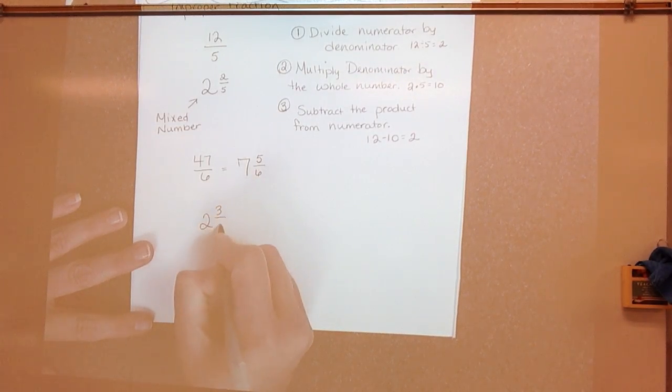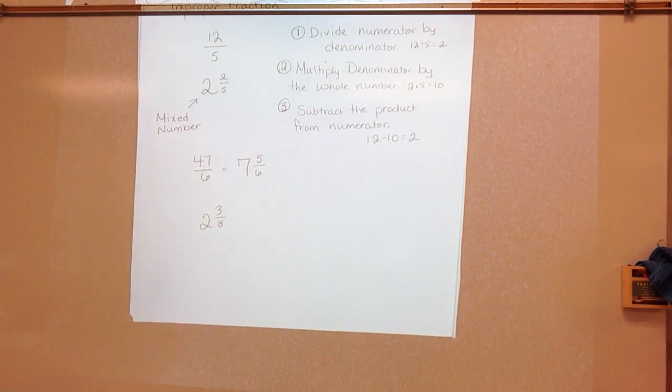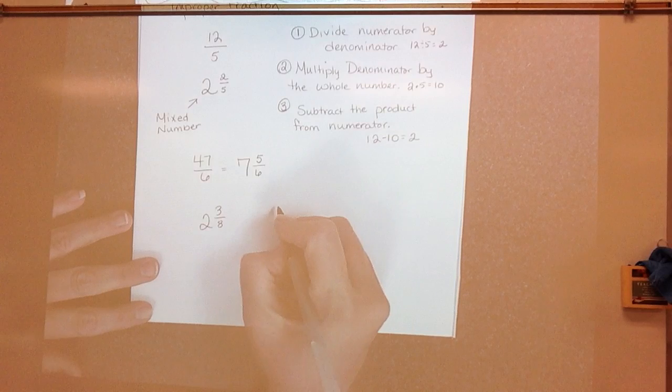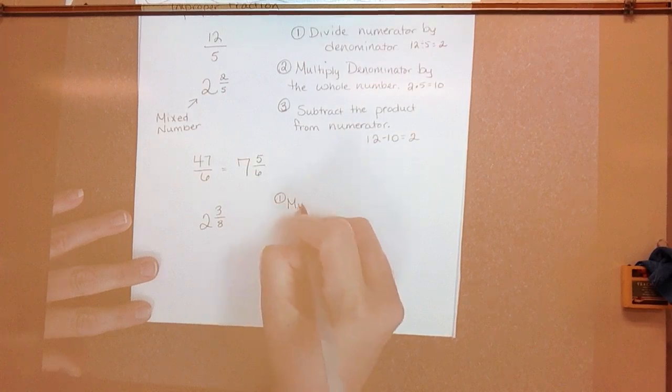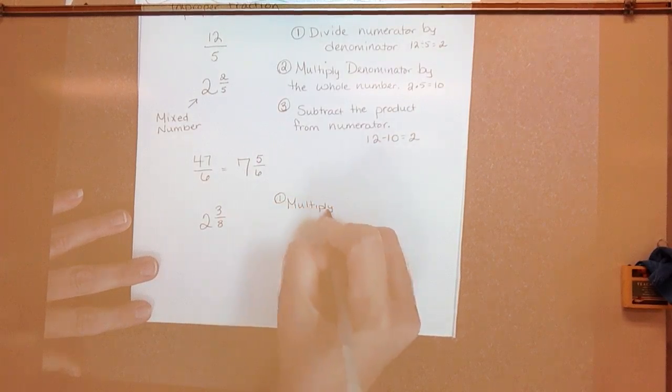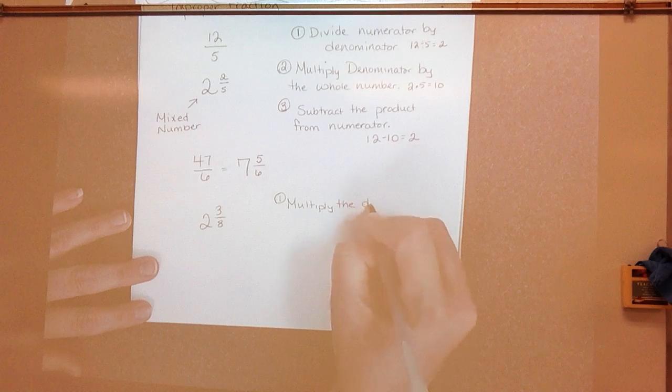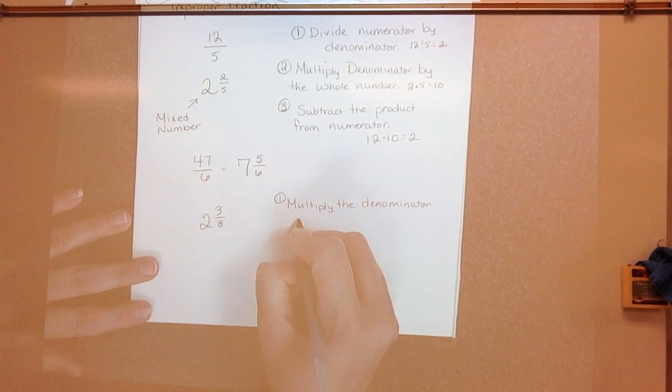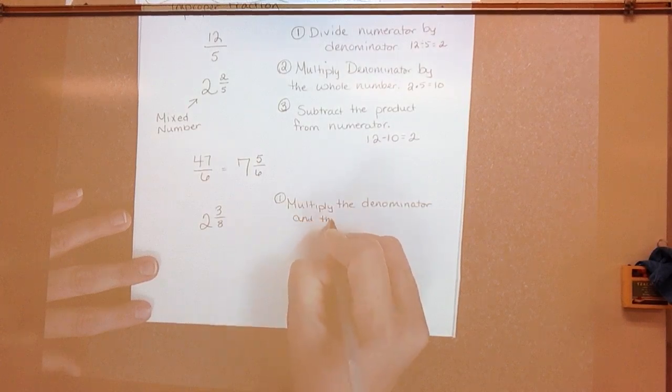So let's say that I have a mixed number of 2 3/8. You're going to do a couple of things. You are going to multiply the denominator and the whole number.